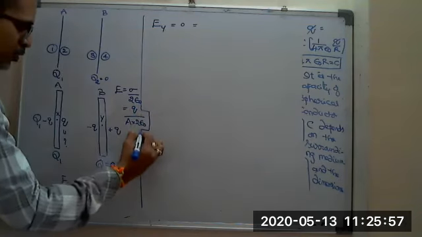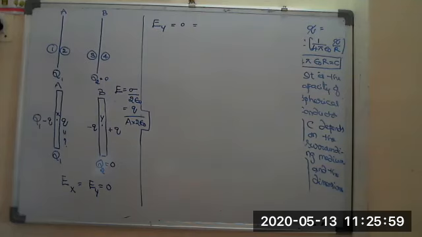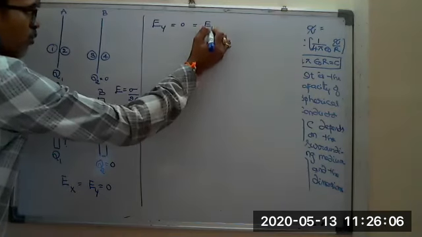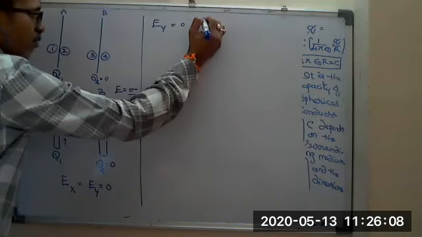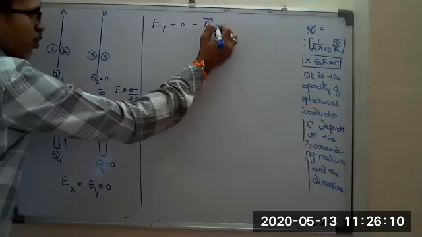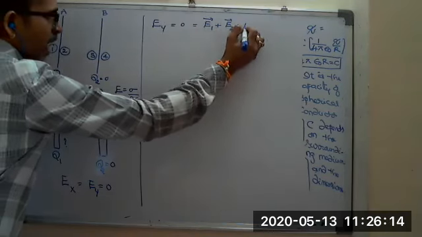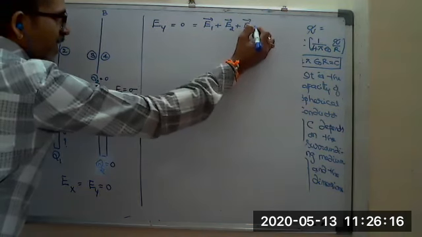So according to that formula, first of all, I'm going to take the four field intensities, not charges. Since it is a vector, I have to add them by taking the direction also.